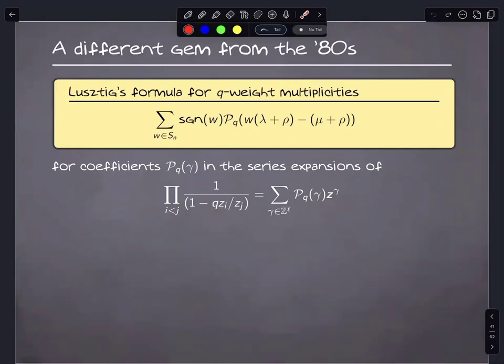And Lusztig said, well, we can actually get weight multiplicities by writing them as a signed sum of those. Lusztig went further and said, if you put a q in here, then you can get more information, and you get this formula for q-weight multiplicities, which is a signed sum of these coefficients.